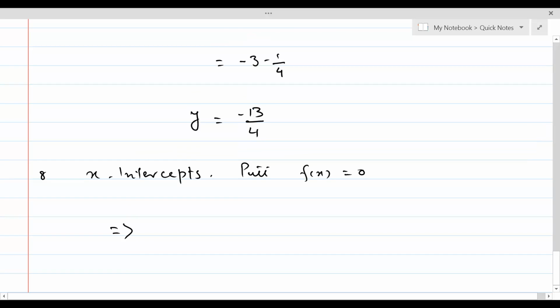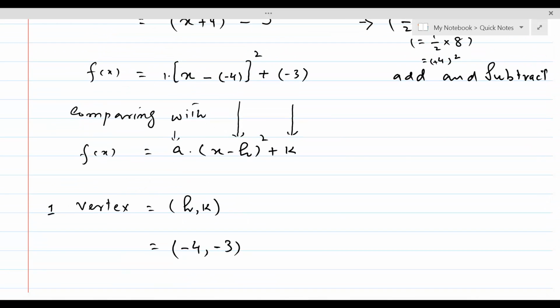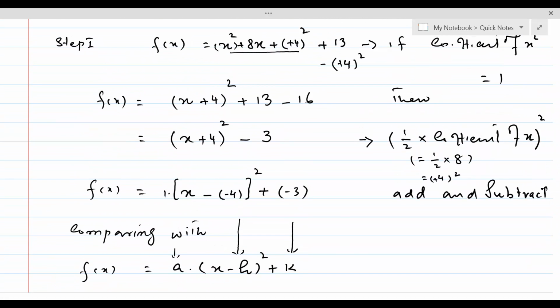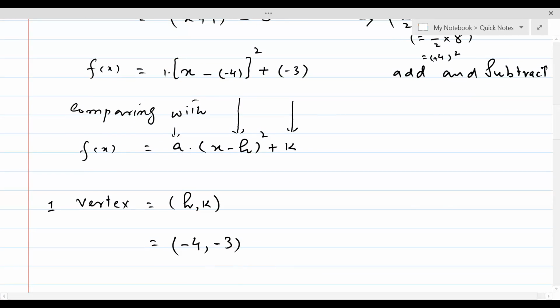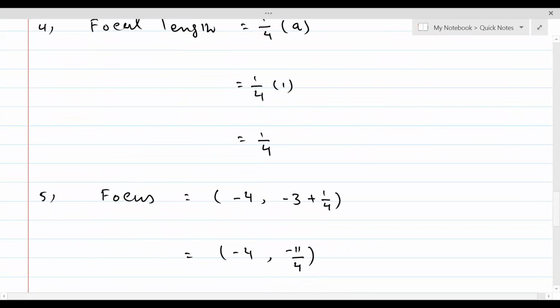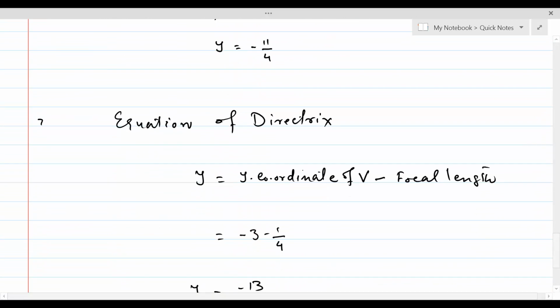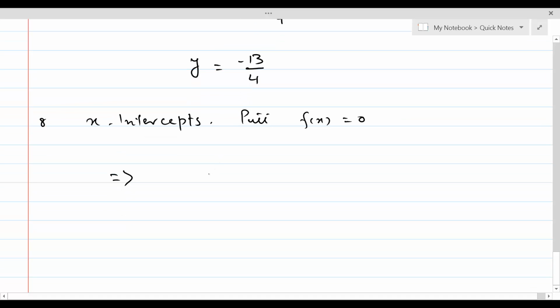This gives us the equation of the parabola: (x plus 4) whole square minus 3 equal to 0.